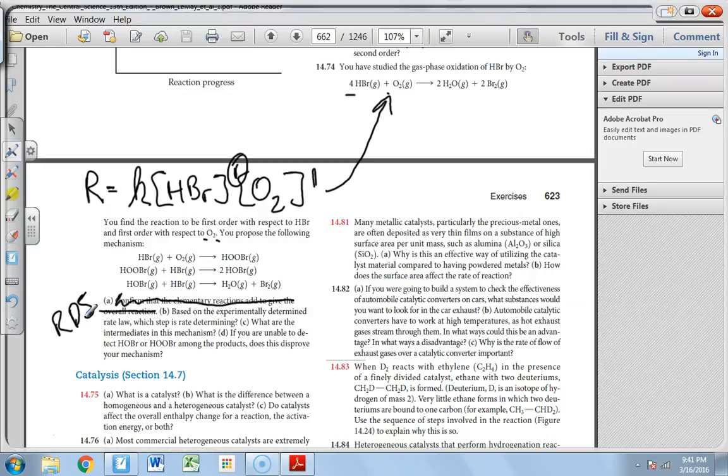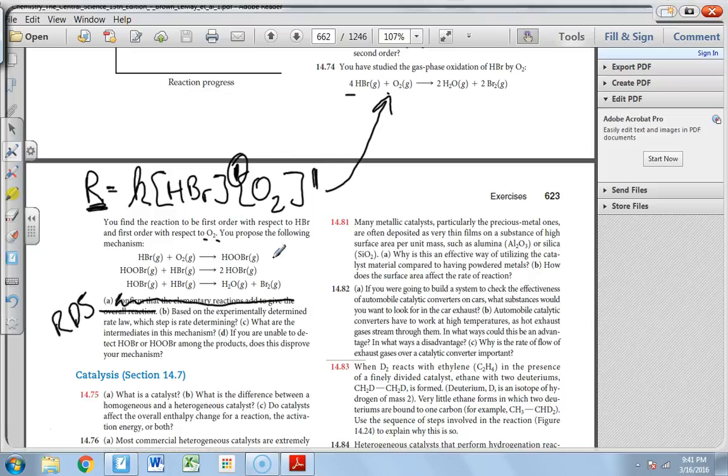And the stoichiometry of the rate determining step is reflected in the rate law. So we have 1 HBr and 1 O2.